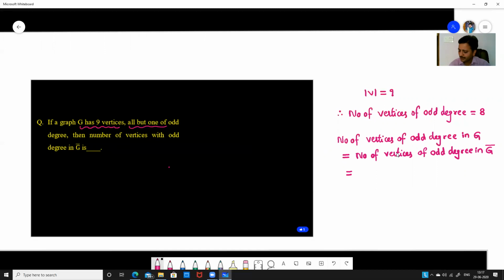Therefore, in G, how many vertices are there of odd degree? 8. Therefore, the answer to this question is 8.